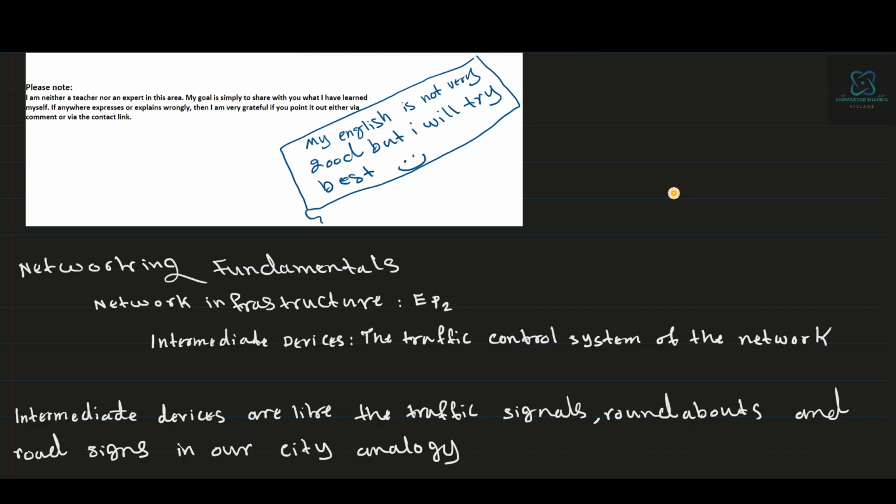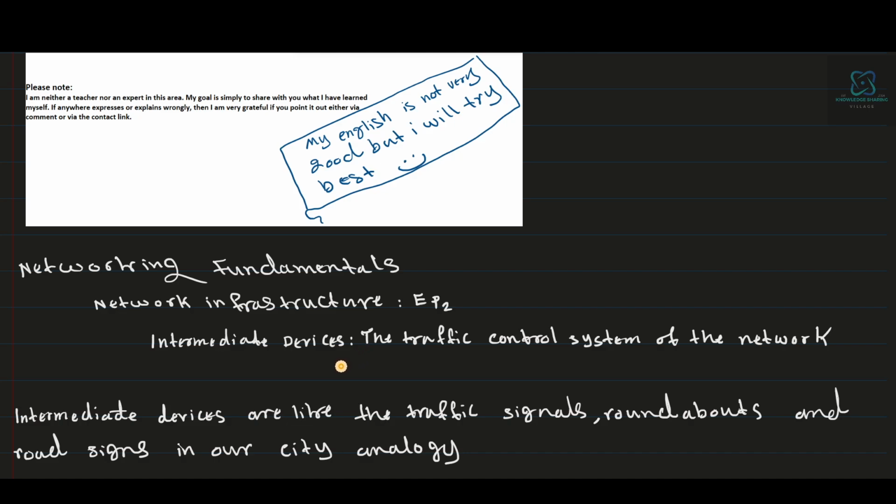We are continuing our journey into the world of networking, and we are in the concept of network infrastructure. This is episode 2 in that regard. The topic of this episode will be intermediate devices, which was the first category. We have divided the network infrastructure into three main categories, right?